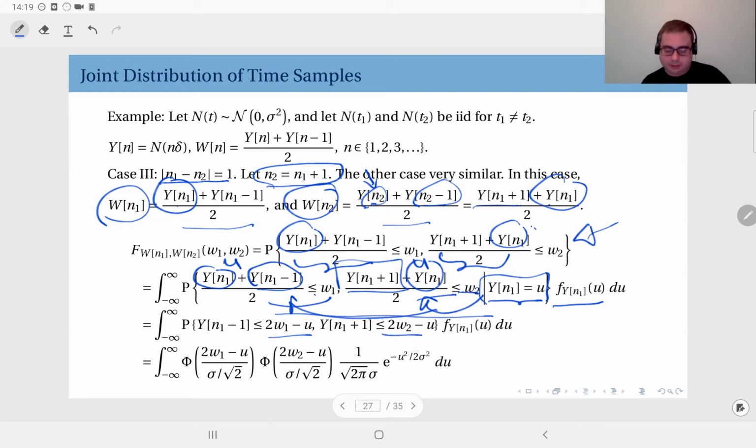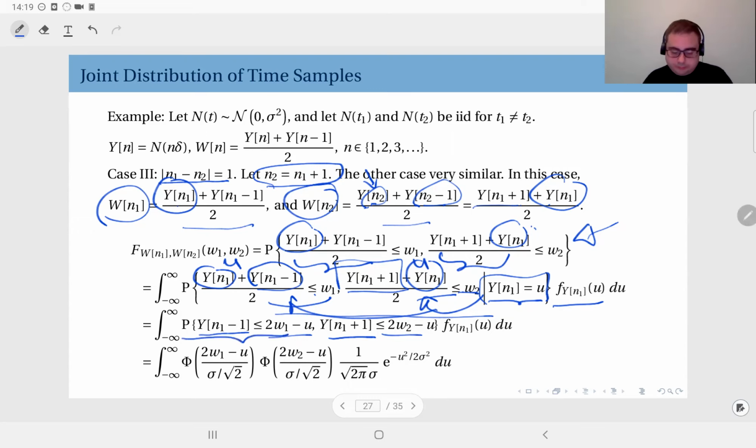Okay? Now, you see, I have y of n1 minus 1 in this joint probability and y of n1 plus 1. Now they are independent because y of n1 minus 1 and y of n1 plus 1 are observed at different time instants, and I know y to be IID, and therefore they are independent, and I can separate them.